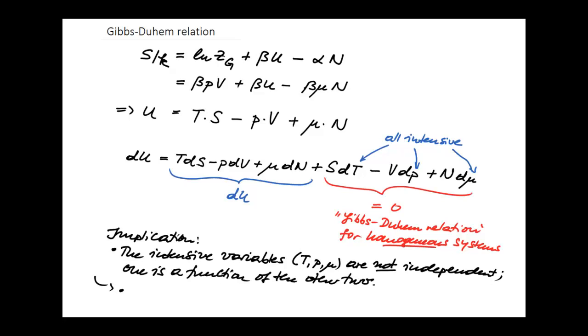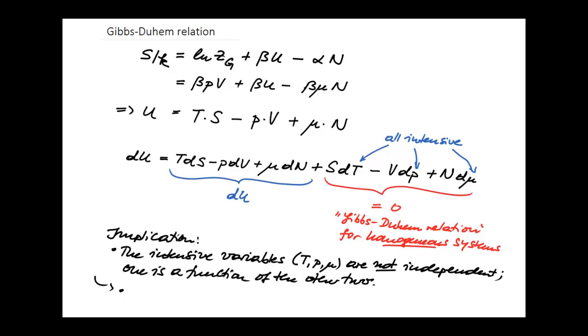Another consequence of that is that if you want to characterize the macrostate of a homogeneous system, it's not enough to characterize it only by intensive variables. It's not enough to say the air in this room has temperature 20 degrees and a certain pressure.